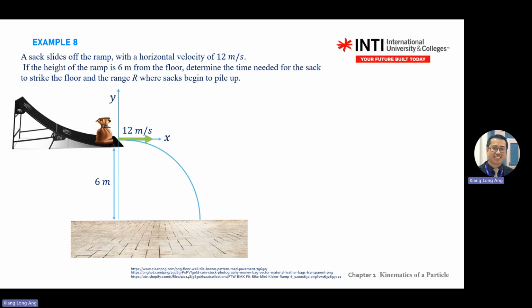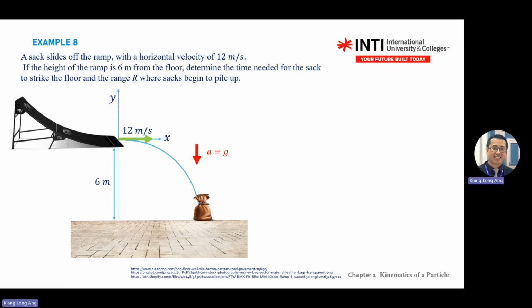Most of the time in the question you only see this one. The rest you need to show that you understand the question. So for example, you draw the path line and you start to solve for it. Now in this case, my a equals g, and my positive direction goes down.